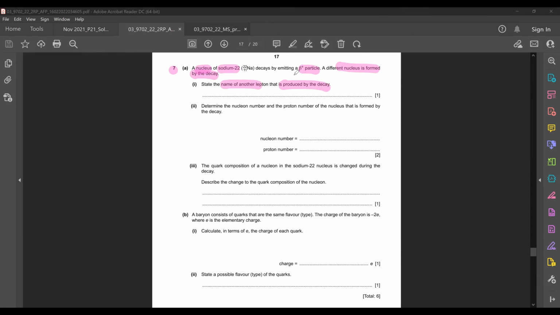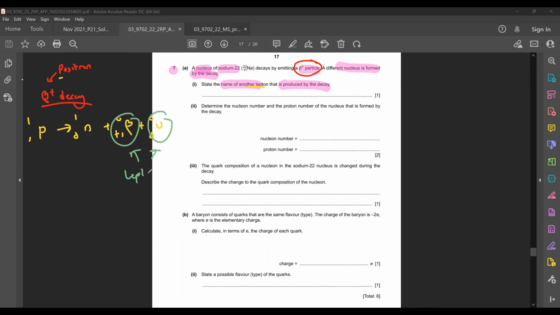So if we know that this one is beta plus decay, we know that this one is positron. It starts with P. This one is already giving you a hint that it is proton. Proton changes to neutron, giving you beta plus, plus neutrino. So this one is 0, 1, 1, 1. So state the name of another lepton that is produced by the decay. We know that this one and this one are your leptons.